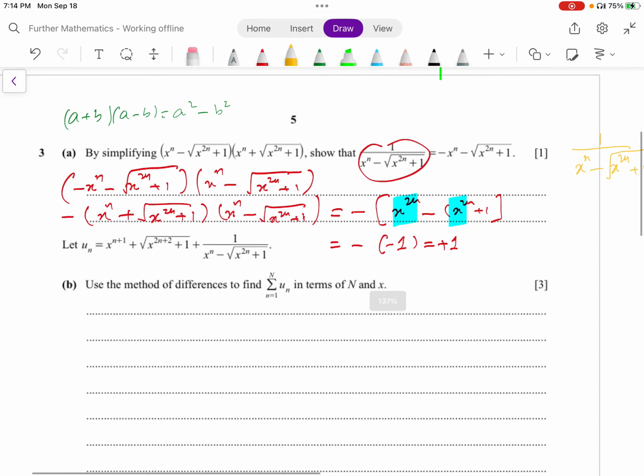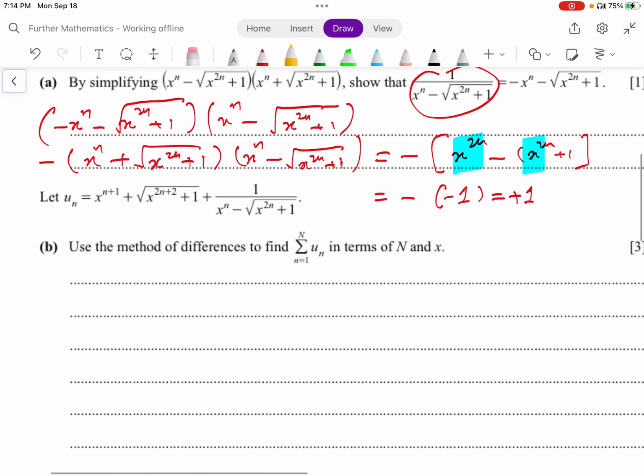Now in part B, you have to use the method of differences, but before we use the method of differences, we have to write the u_n term. So u_n is going to be, the first part is this, which is x to the power n plus 1 plus the square root of x to the power 2n plus 2 plus 1.